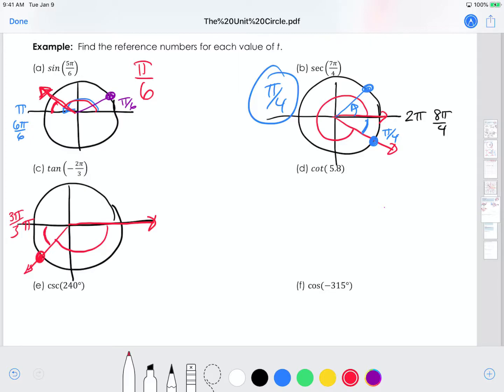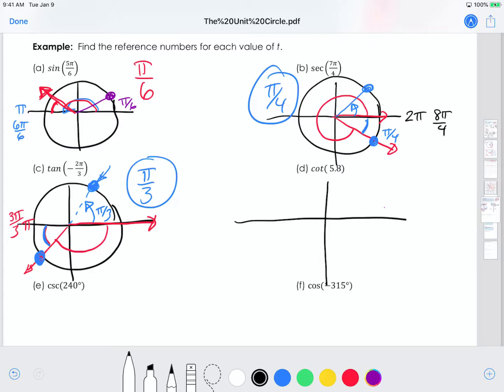So this angle that it makes with the x-axis would be pi over 3, because if I add pi over 3 to 2 pi over 3, that's going to give me a full pi. So my reference angle is going to be pi over 3, which means if I open pi over 3 in the first quadrant, this point here and this point here are going to have the same ordered pair other than sign changes because of what quadrant it's in.